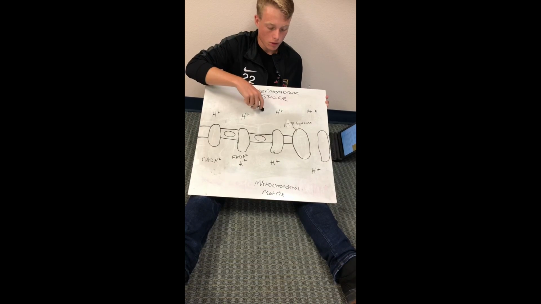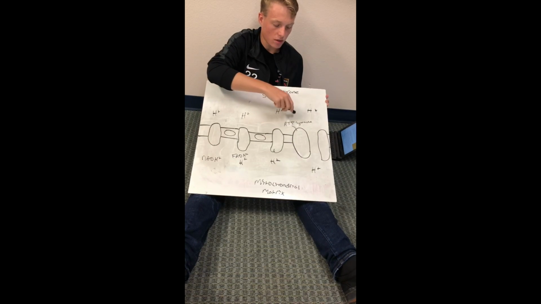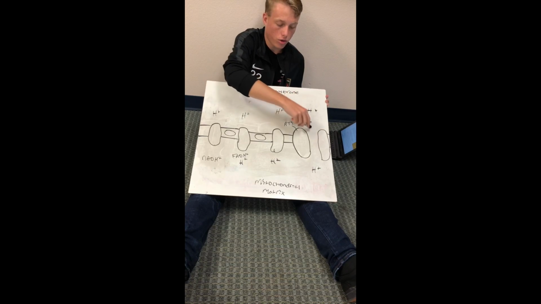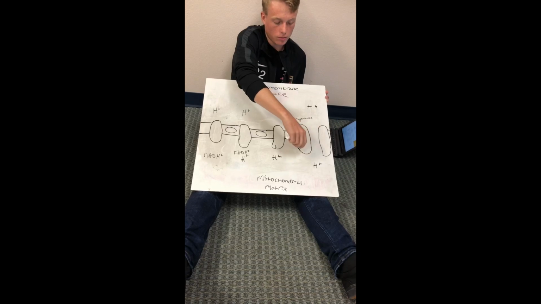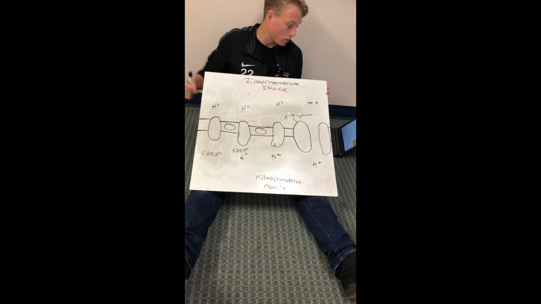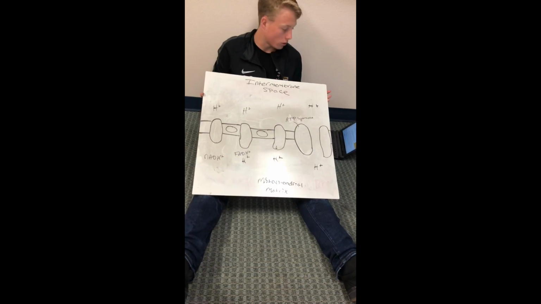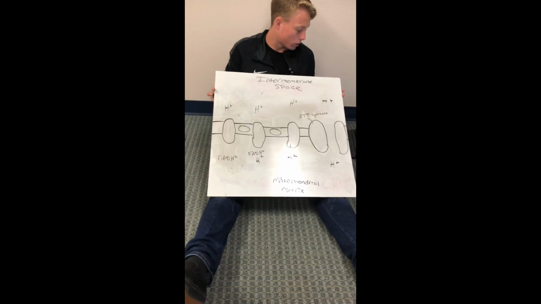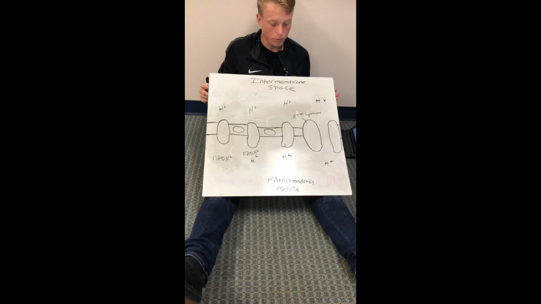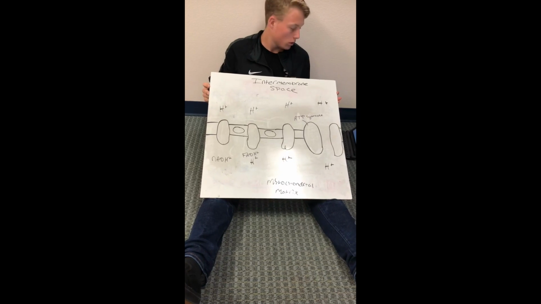So what they do is they move down to ATP synthase, and they're going to go through this open space right here of the ATP synthase, and the hydrogens are going to go down and combine.